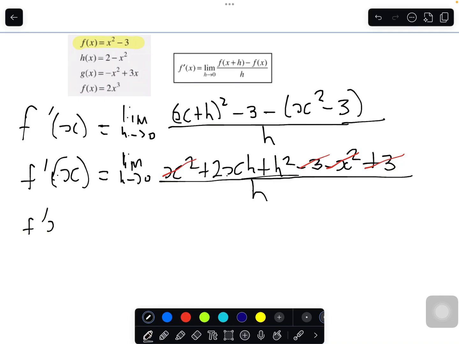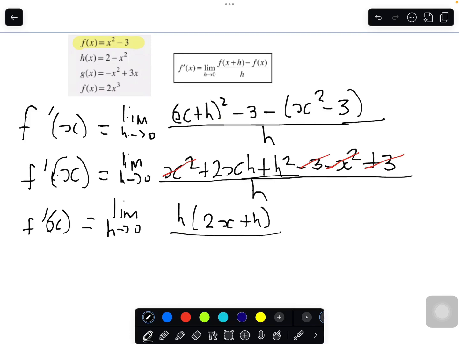So this is then here the limit as h approaches 0. And if we look here, we can take a common factor of h out. So if I take out a common factor of h, I'm left with 2x plus h all over h.